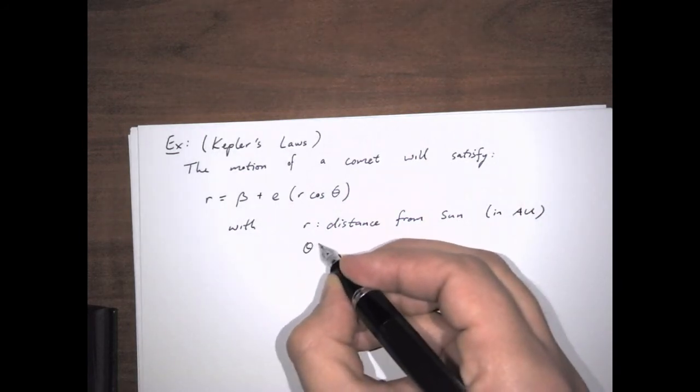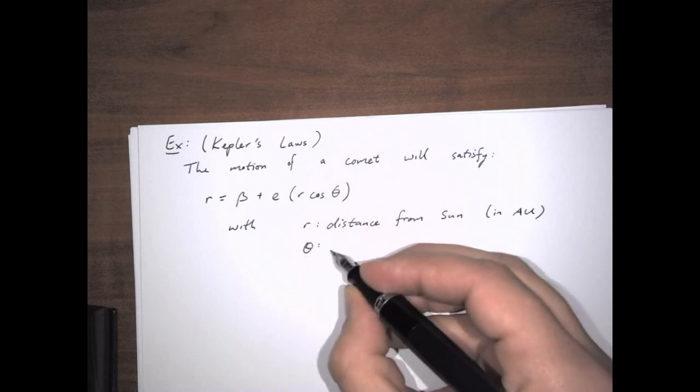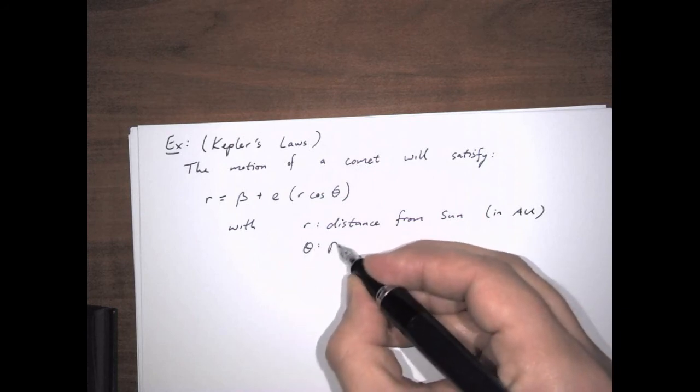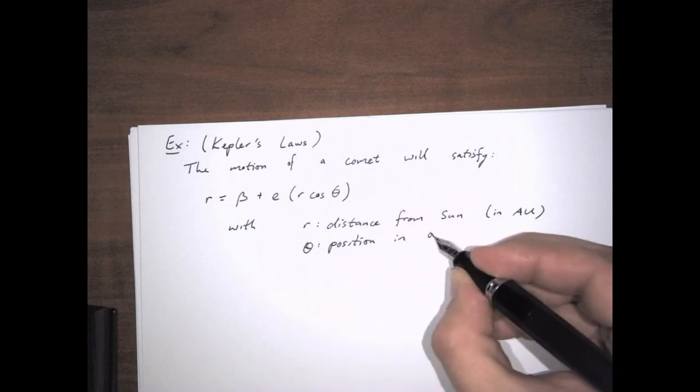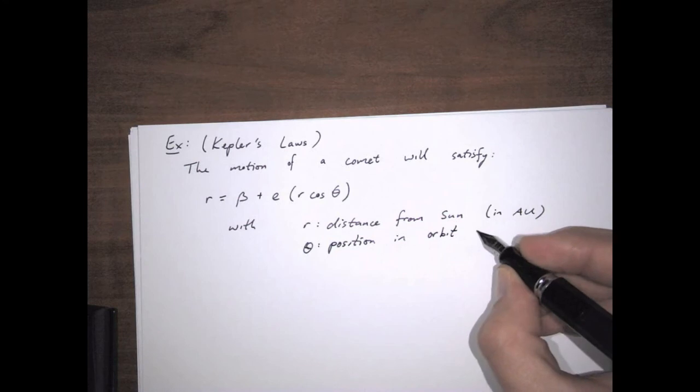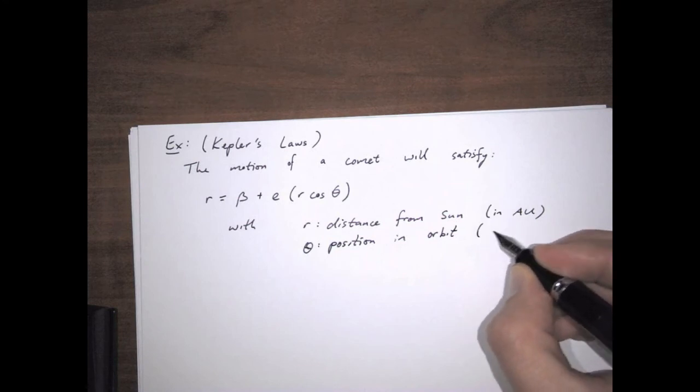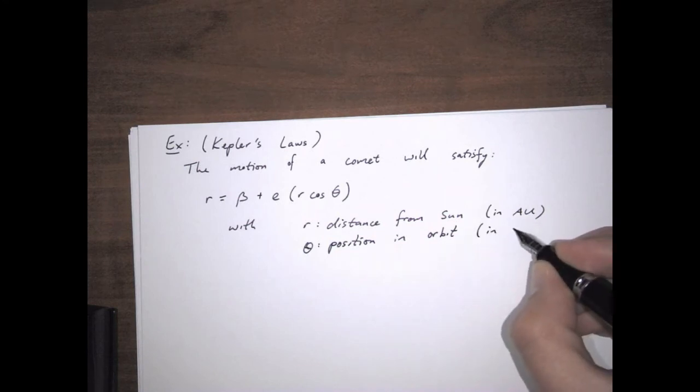And theta here will be the position in orbit. This is in radians.